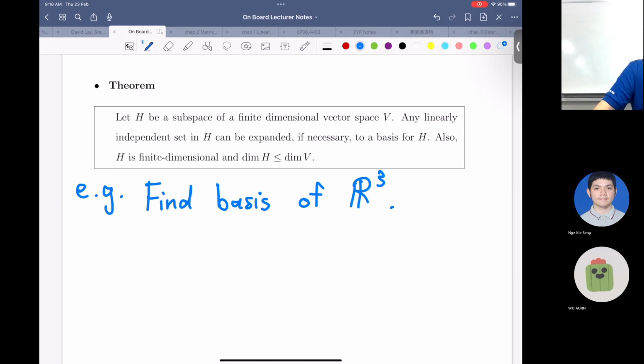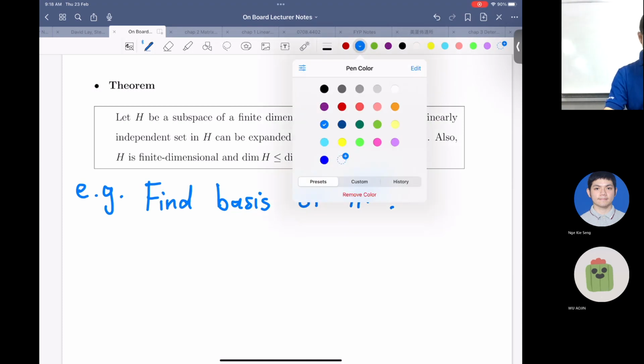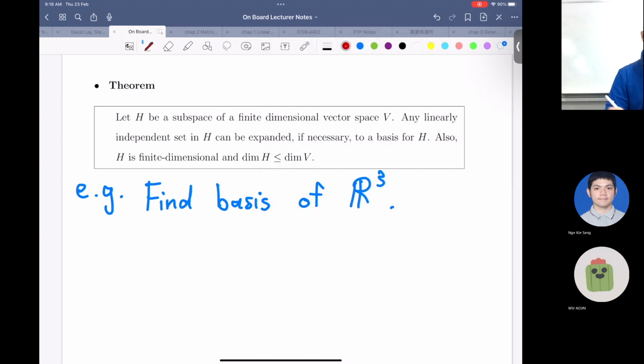What's your favorite one? Favorite vector in algebra? E1, E2, okay, sure. So let's start with E1.